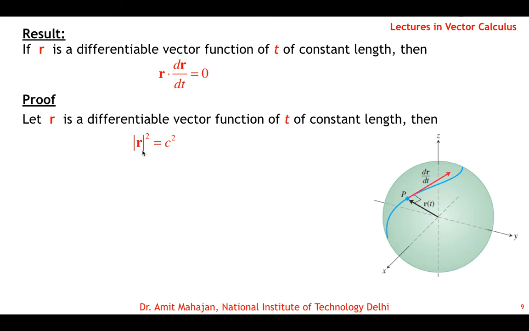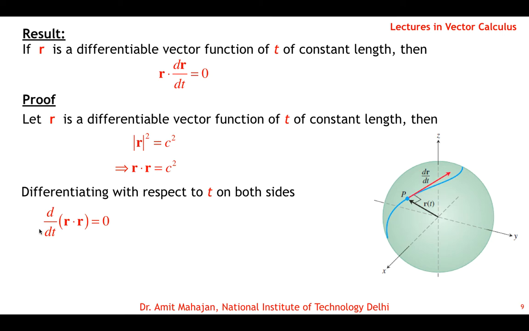we know by property u dot u is length squared, so r length squared can be written as r dot r. And if we differentiate this with respect to t, then on the left hand side we can use the product rule to write it as dr by dt dot product with r plus r dot product with dr by dt equal to 0.